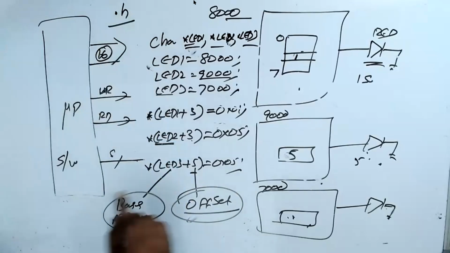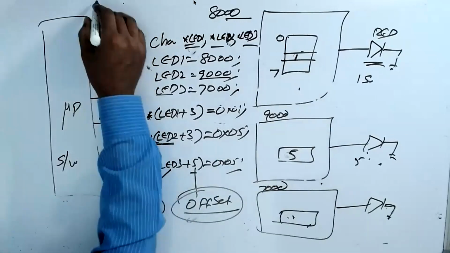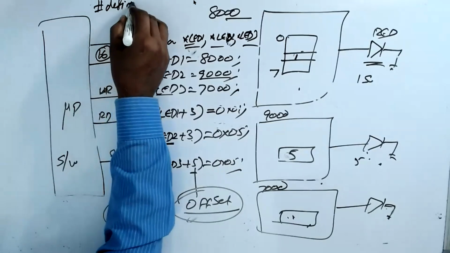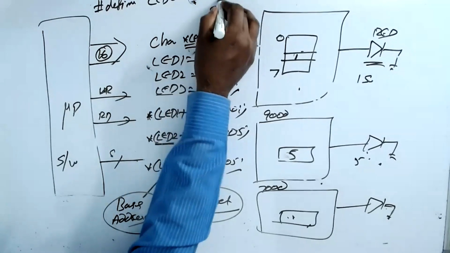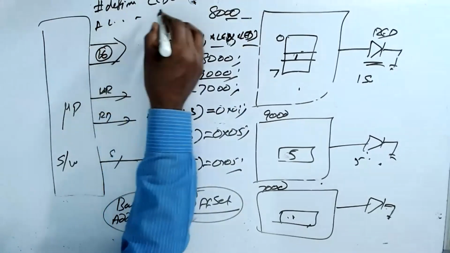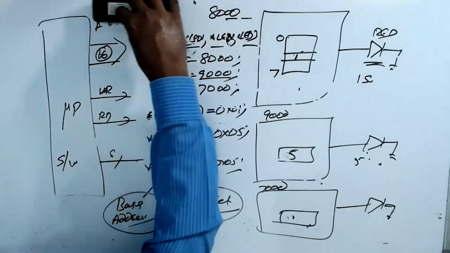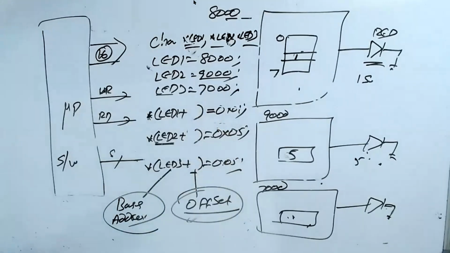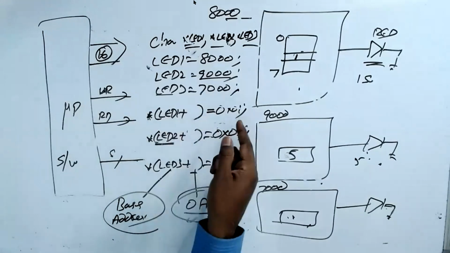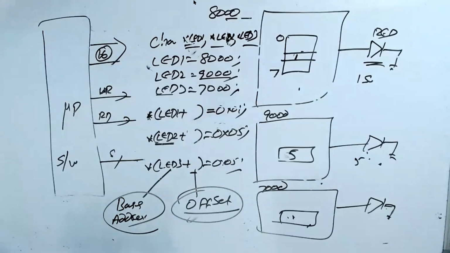In the stm32 header file, all the register offsets are defined like #define. For example, LED on is 1, #define LED off is another value. Now I can use that definition, LED on, LED off, here. I can do LED 1 plus that offset, so that I'll be able to control it. These are all available in the .h files.